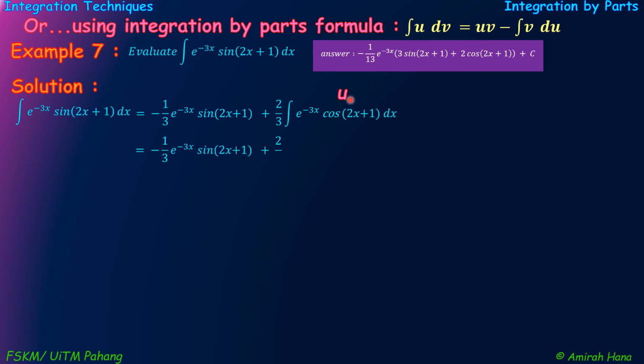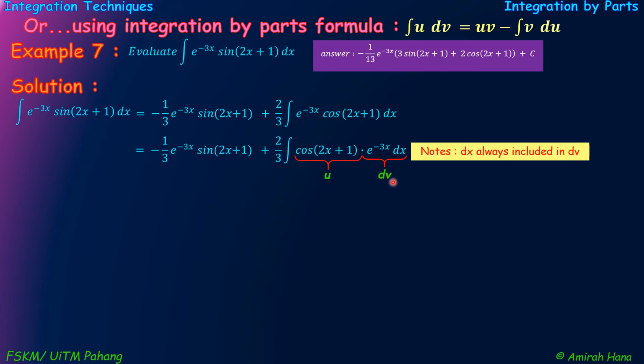After that, we can rewrite the function with u in front, so that we can compare with this formula. So we put cos 2x plus 1, the function that equals u, in front. cos 2x plus 1 equals u, and e to the power of negative 3x dx equals dv.